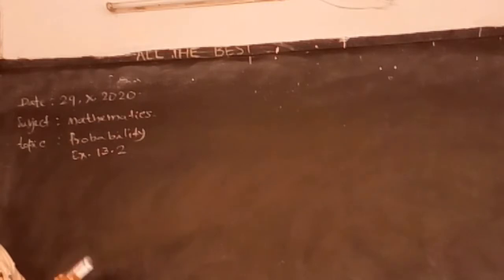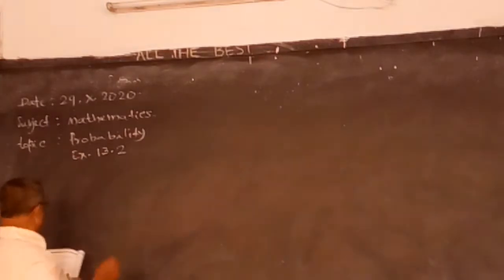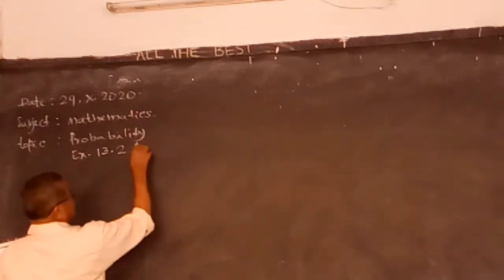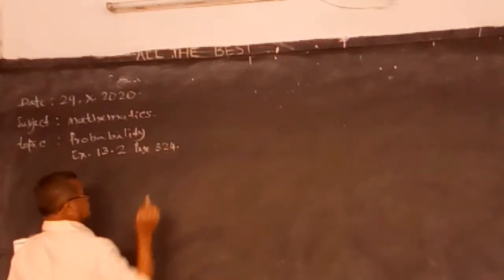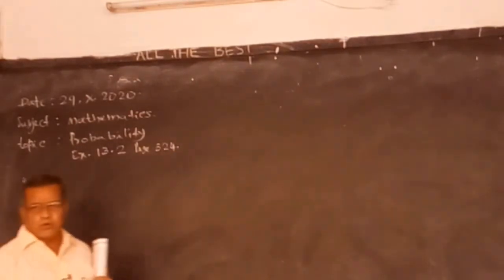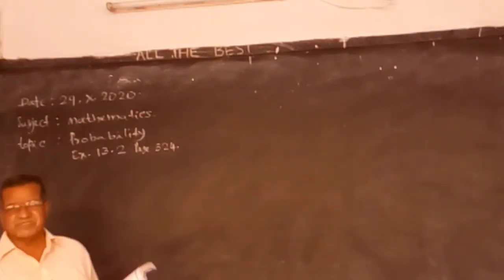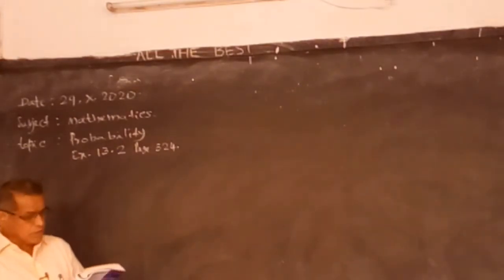We did up to the third problem in exercise second, page 324. Now the fourth problem. Read the problem first. If I write the whole problem on the board, it will take time, so I will read simply.